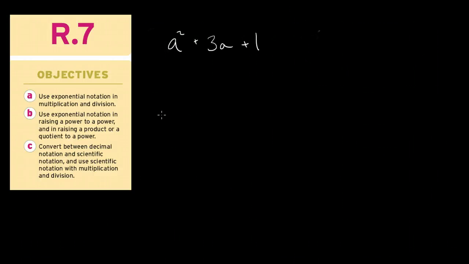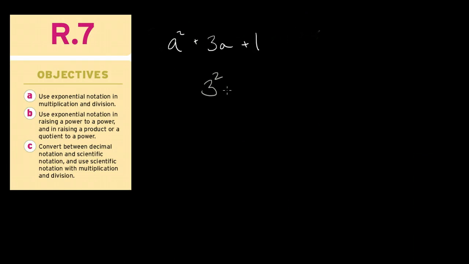Let's take a brief look at exponents before we get into talking about scientific notation. An exponent is a number written above, in this case a variable, could be written above a number, 3 squared, say.